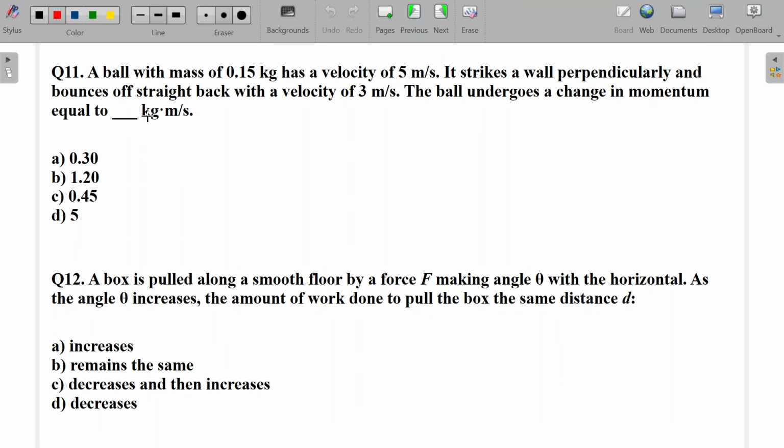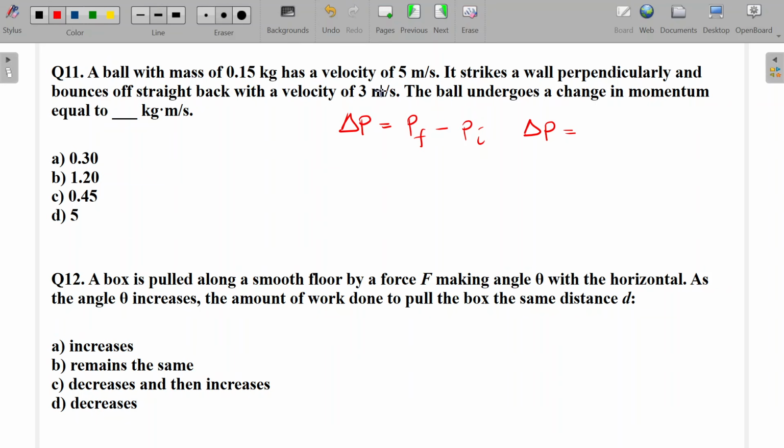So you need to understand that change in momentum is equal to P final minus P initial.